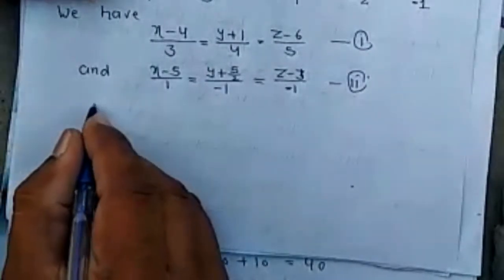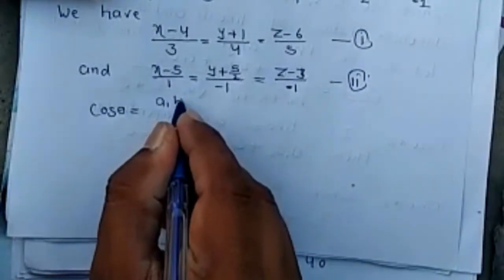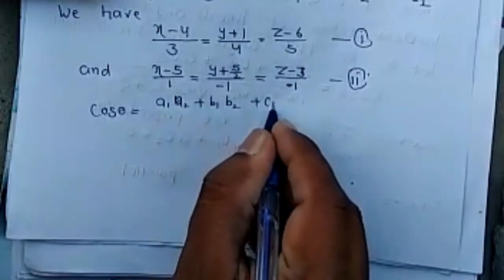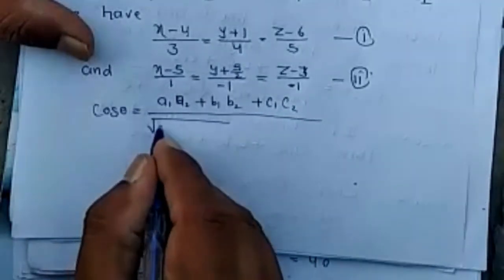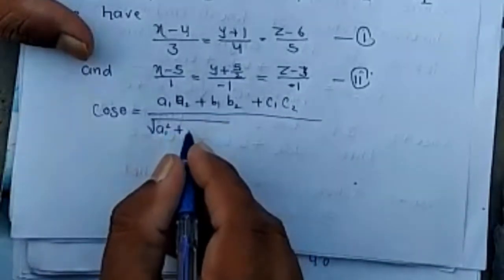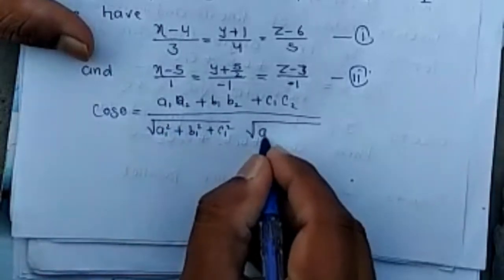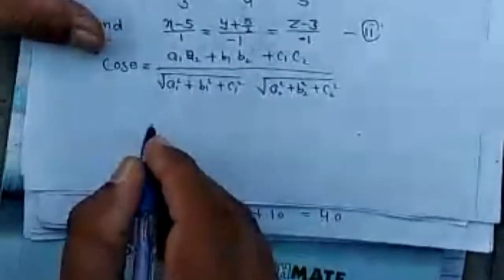The angle between two lines in Cartesian form is given by a1 a2 plus b1 b2 plus c1 c2 upon square root a1 square plus b1 square plus c1 square into square root a2 square plus b2 square plus c2 square. Put the values where a1 b1 c1 and a2 b2 c2 are the direction ratios of the first line and second line.